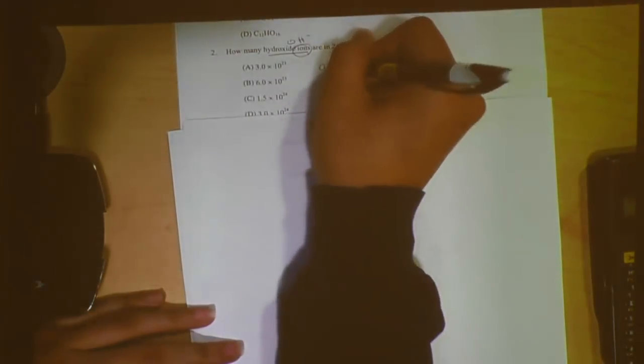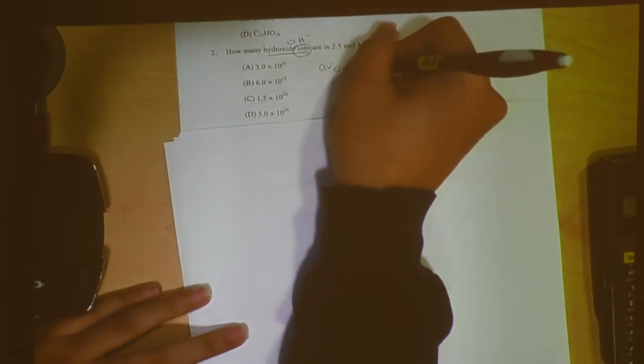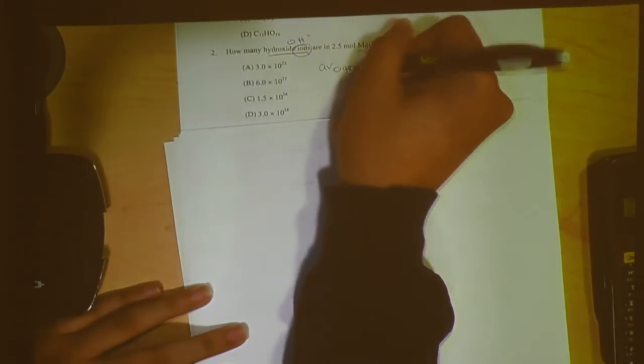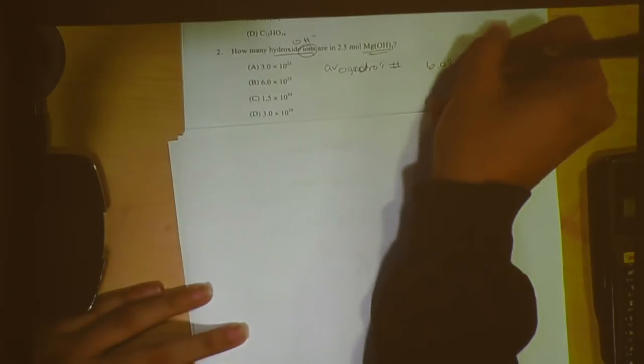So in this one, you automatically know you're going to use Avogadro's number. That's why all the exponents have times 10 to a big power. So you're going to use Avogadro's constant, or Avogadro's number, which is, as you know, 6.022 times 10 to the 23, right?